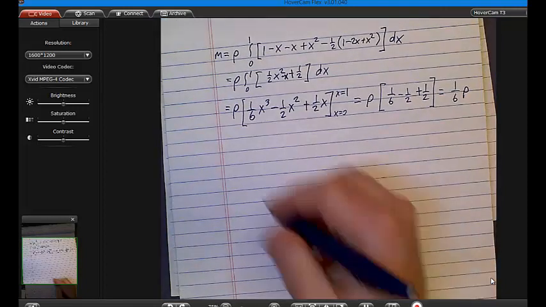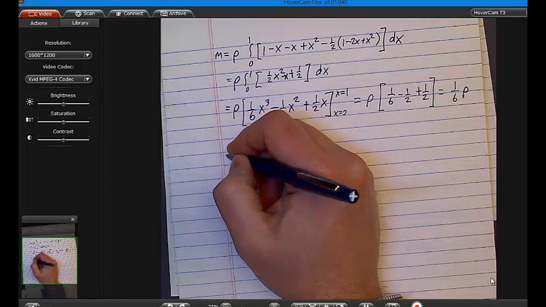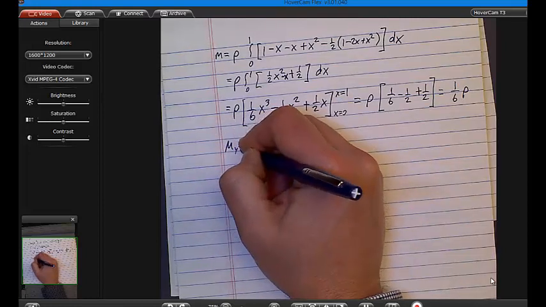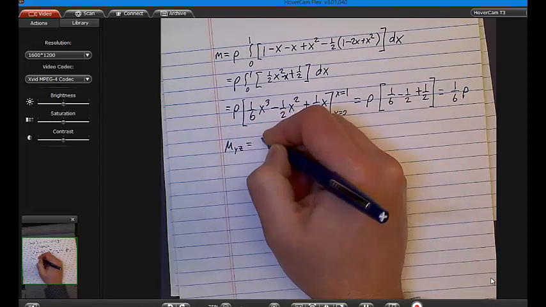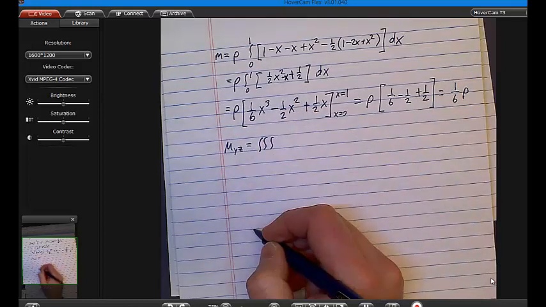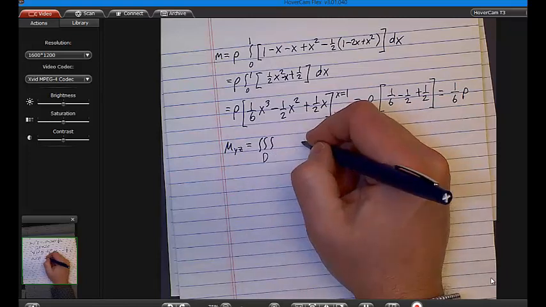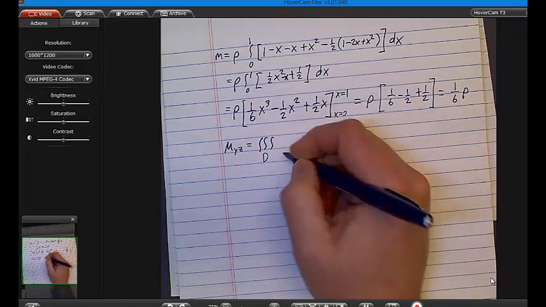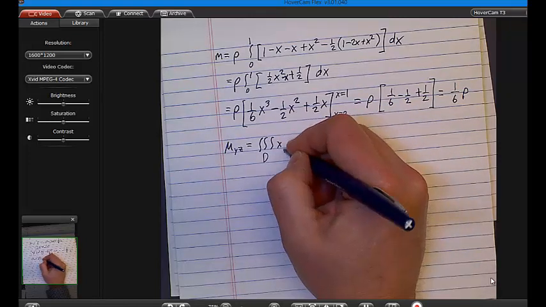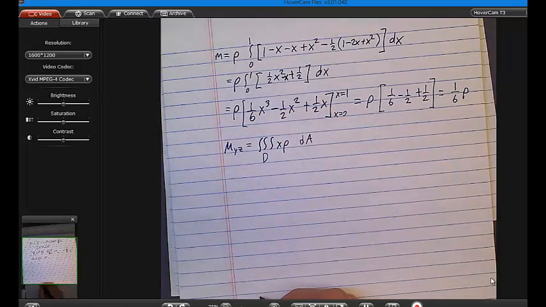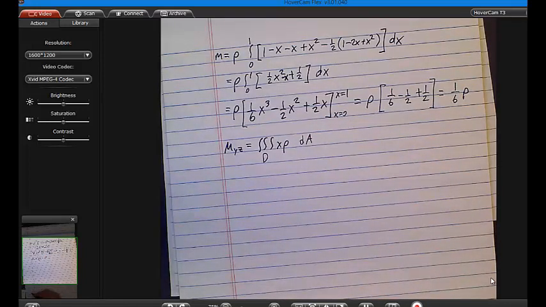let's see if we can find the moment across the yz plane. So this is the triple integral, again over d, and again dA, but this time it's x times rho. Right? That's okay?